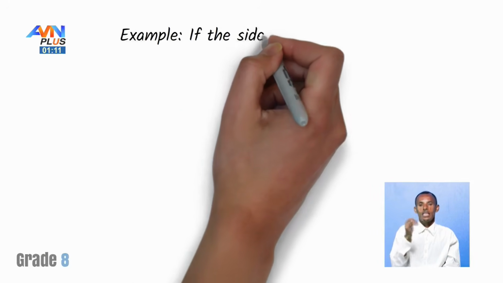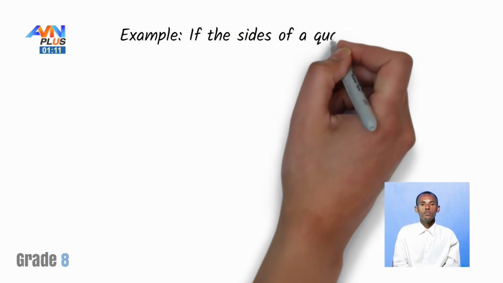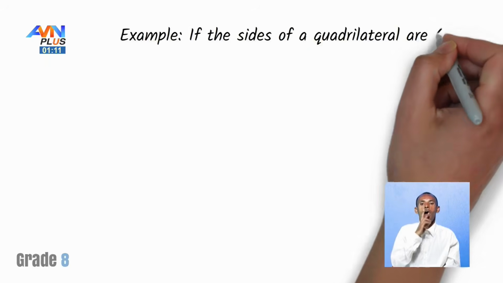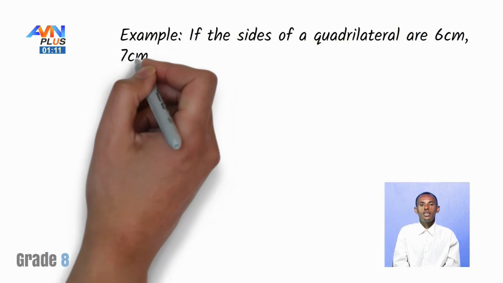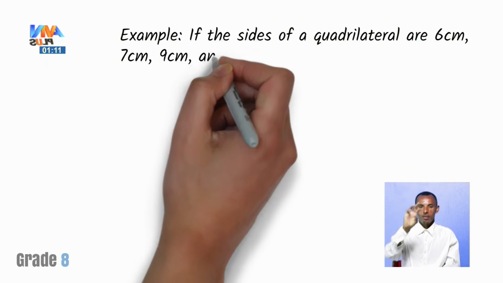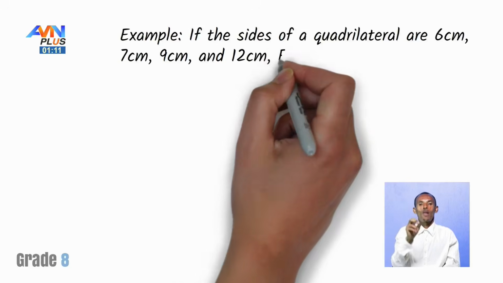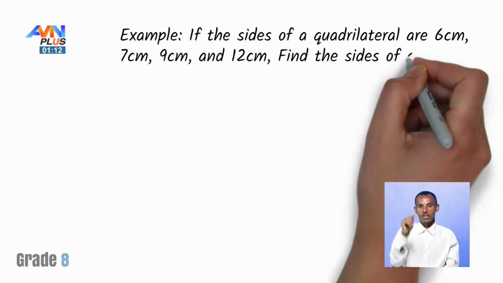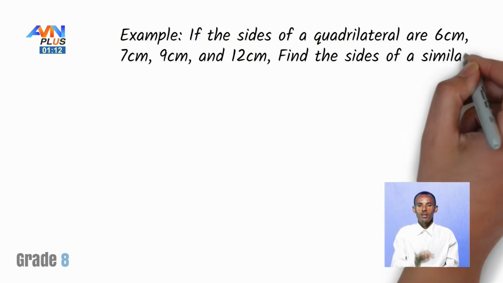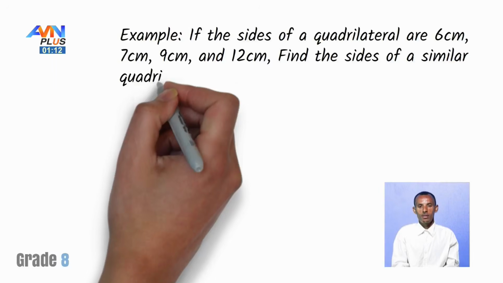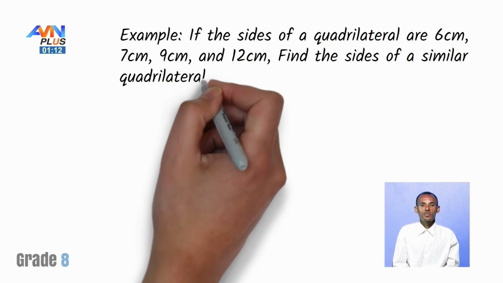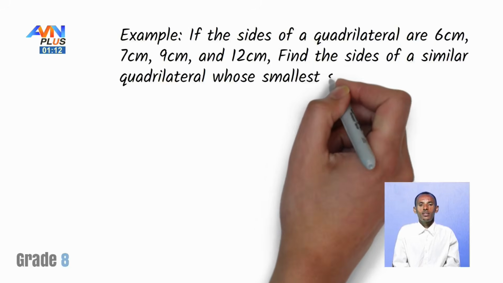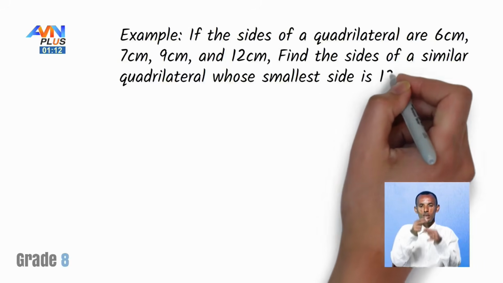If the sides of a quadrilateral are 6 centimeter, 7 centimeter, 9 centimeter, and 12 centimeter, find the sides of a similar quadrilateral whose smallest side is 12 centimeter.